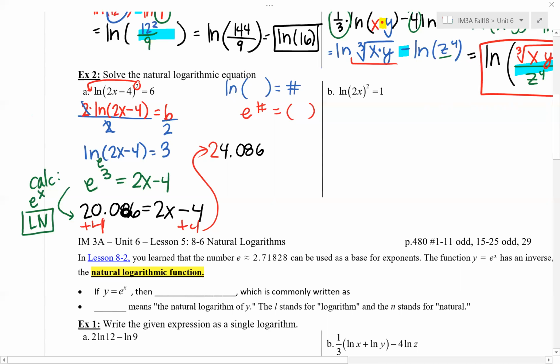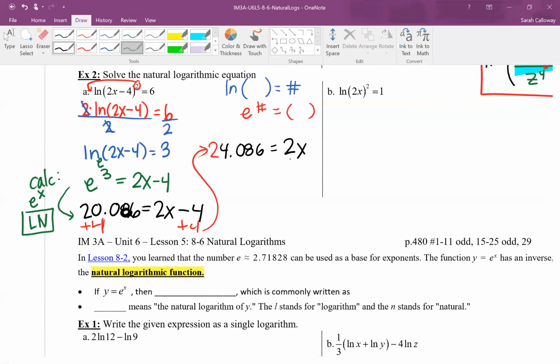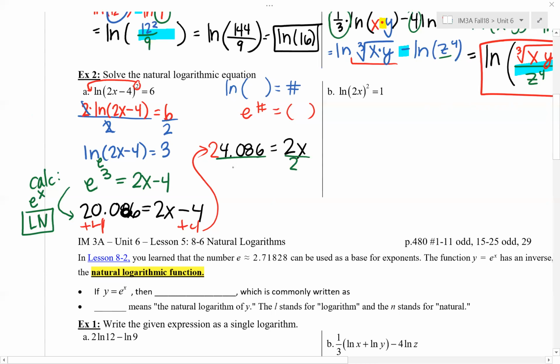I accidentally left out my 8 when I wrote that down. Equals 2x. And then to get x by itself, now we have to divide both sides by 2. So if we divide by 2, we get that x is equal to 12.043. So this problem has an answer of 12.043.